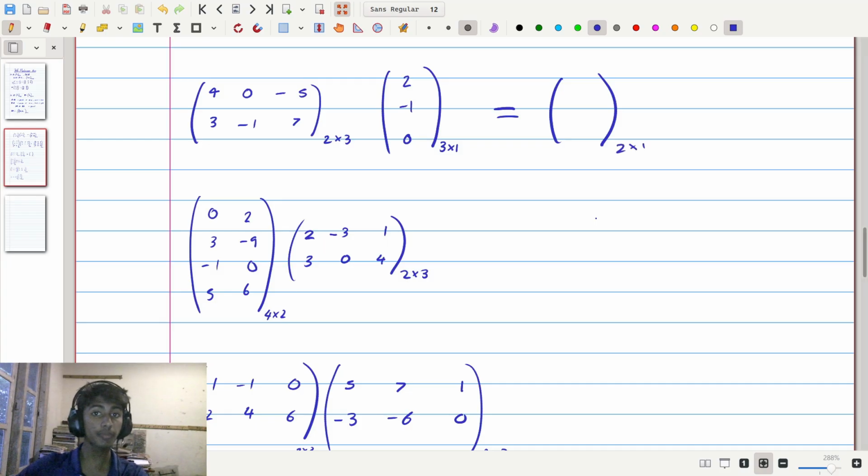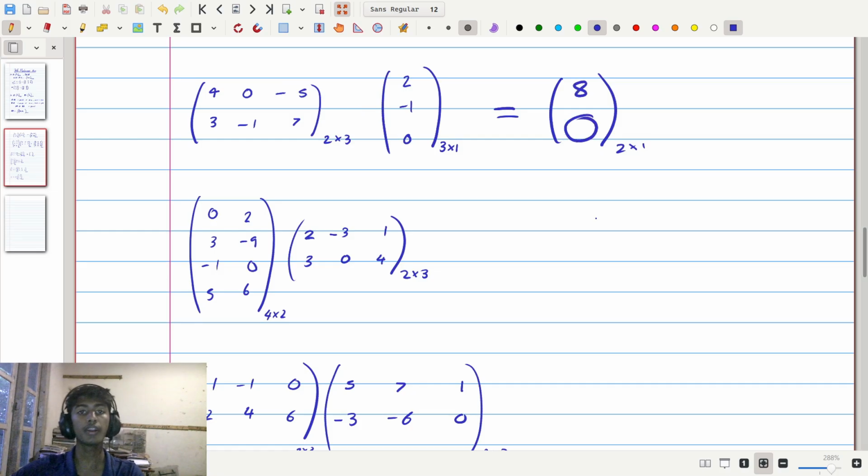Now considering this matrix, we only need to solve for i equals 1, j equals 1, and i equals 2, j equals 1. Considering the first one, we need to multiply through the first row of the first matrix and the first column of the second matrix, which is going to be 4 times 2, which is 8, plus 0 times negative 1, which is 0, plus negative 5 times 0, which is again 0. So therefore we have 8 plus 0 plus 0, which is going to be equal to 8, and therefore this element is 8.